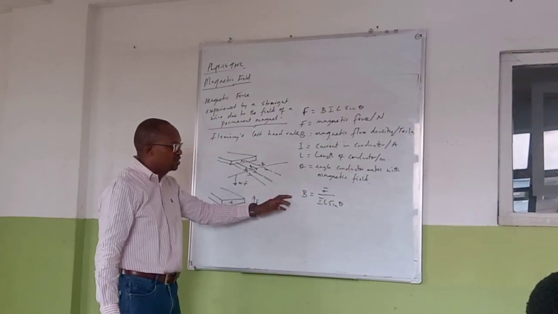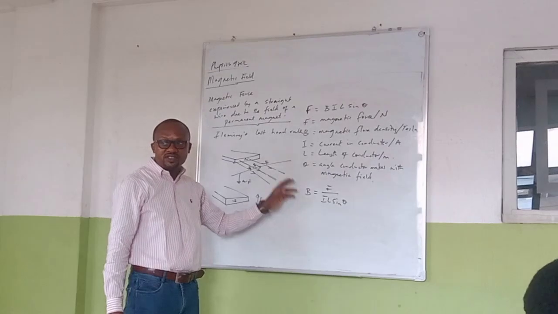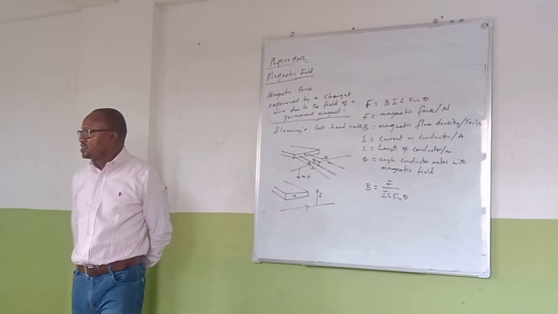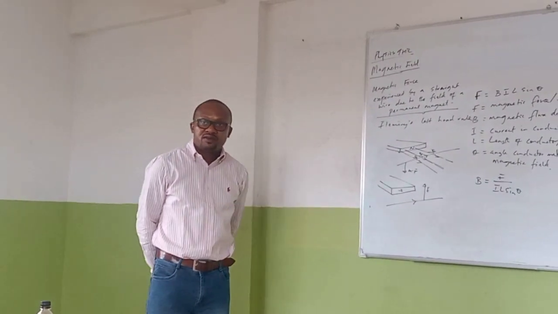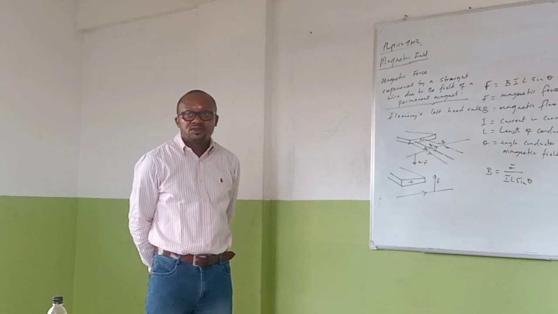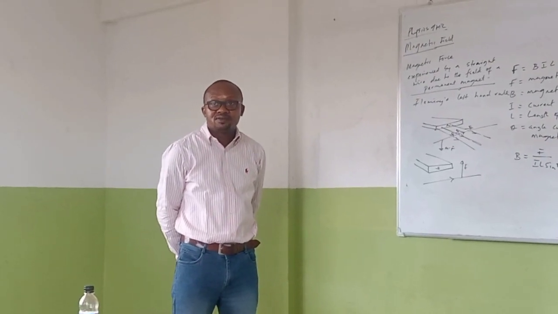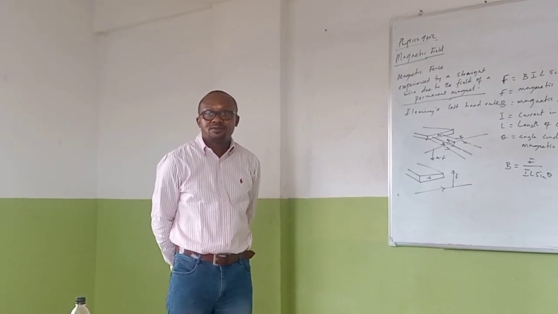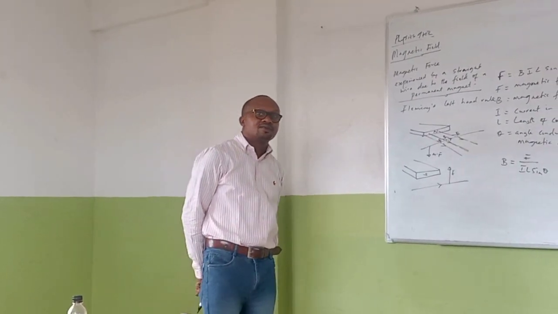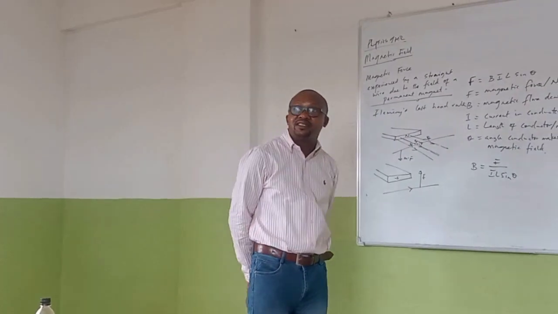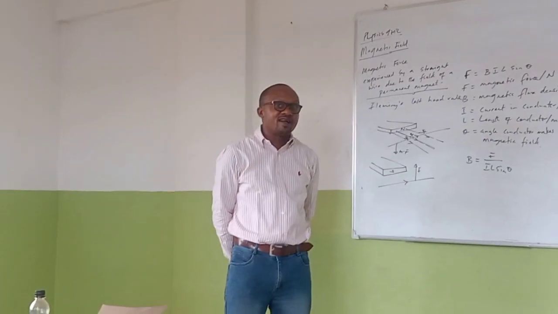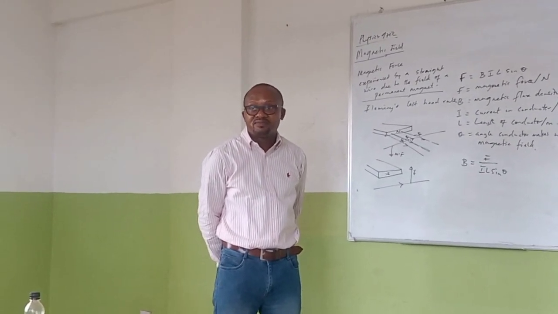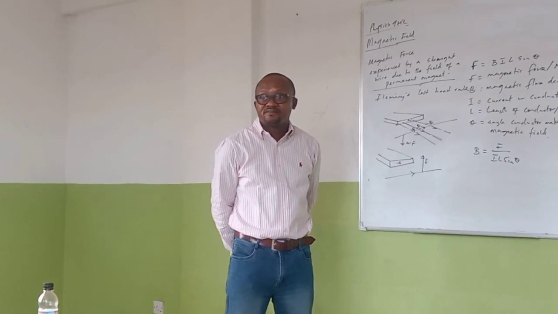So from this equation, how do I define the magnetic flux density? Victoria, how do you define the magnetic flux density from that equation? Ratio of force, product of. David, how do you define magnetic flux density? Magnetic flux density is the magnetic force per unit volume. Okay.